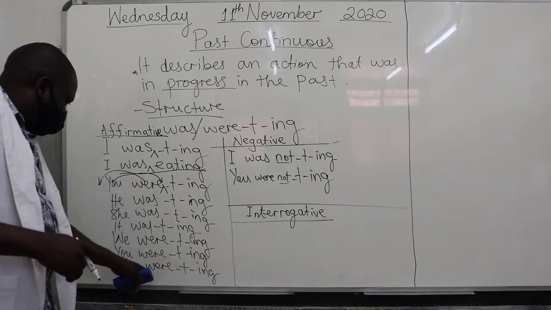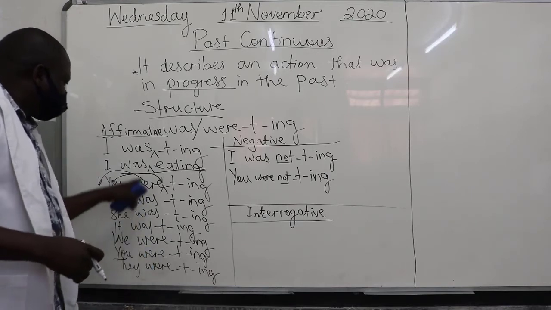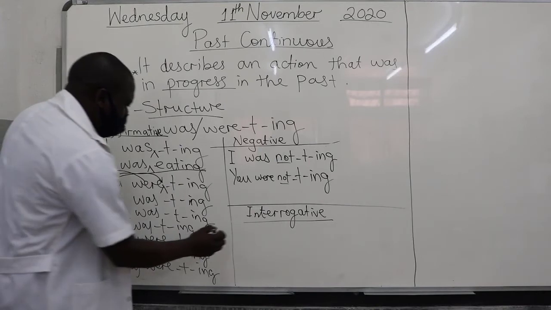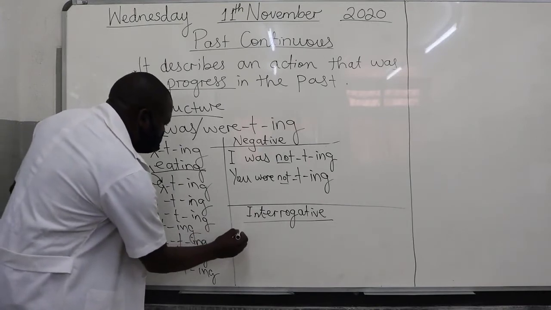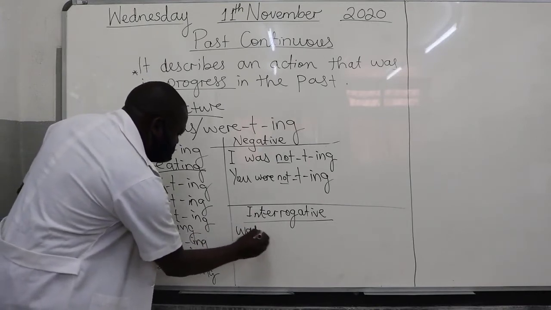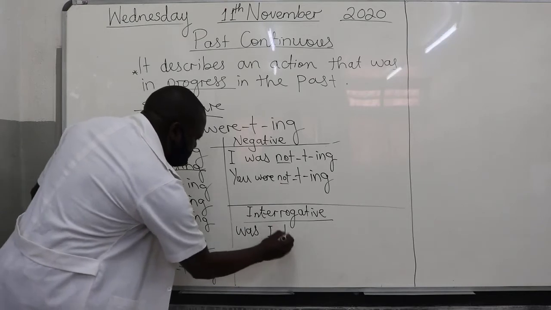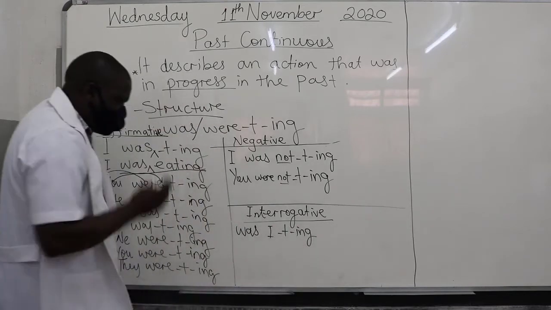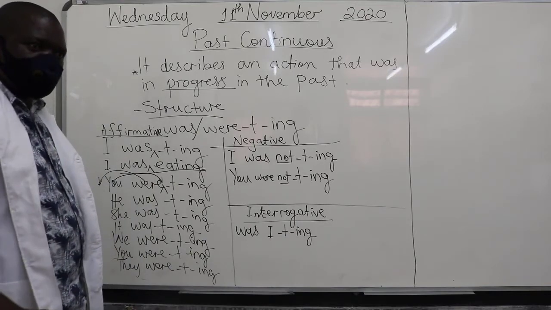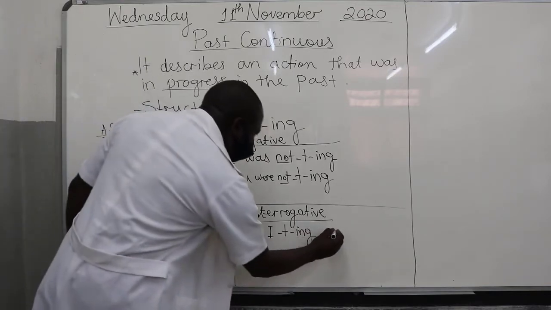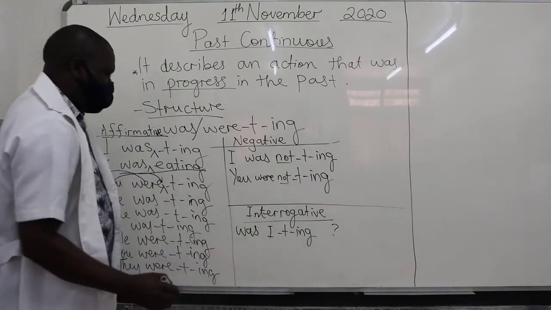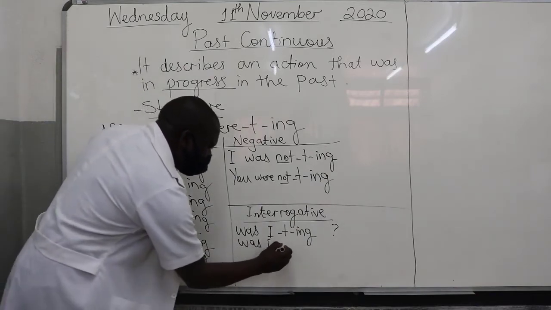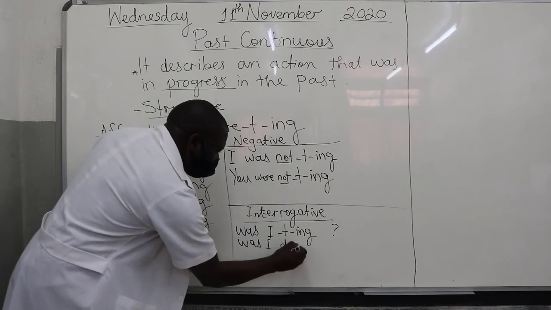So, was I plus a verb in gerund form. Was I eating? Was I dancing?